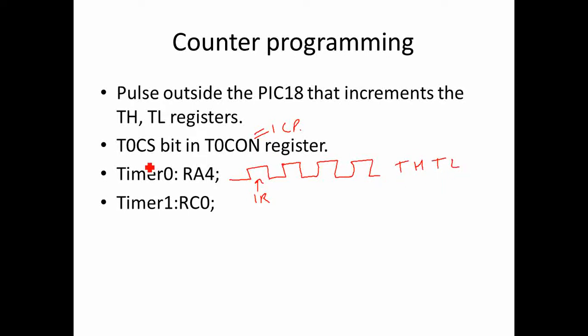If you are using timer 0, the clock is RA4. If you are using timer 1, the clock comes from RC0. So that's port A pin 4, and this is port C pin number 0. First, let us find the value for this particular register and make ourselves comfortable with counter programming.